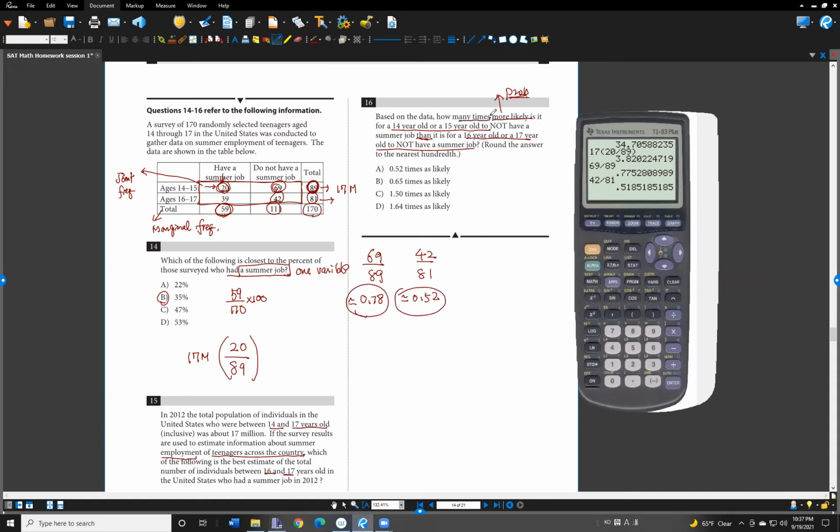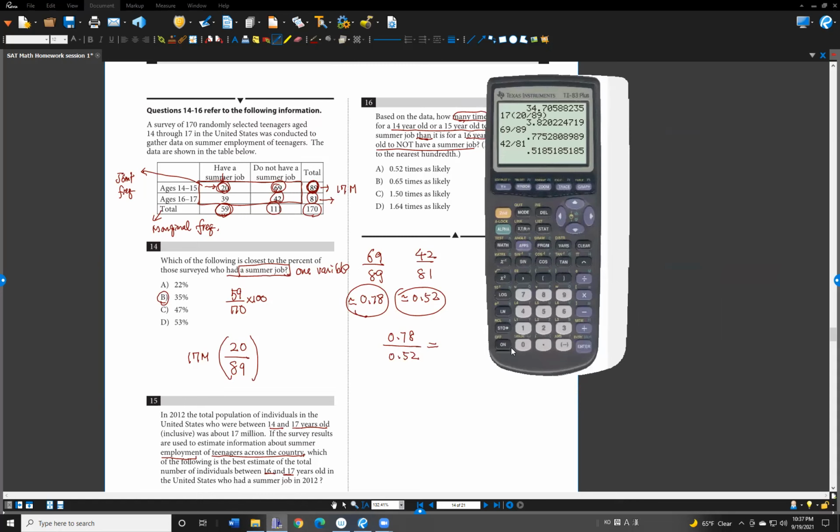So you can divide 0.78 over 0.50 or 78 divided by 50, doesn't matter. Okay, I'm going to use this, 78 divided by 0.5 equals how much? Around 1.5. Okay. Oh, that is very exact numbers.